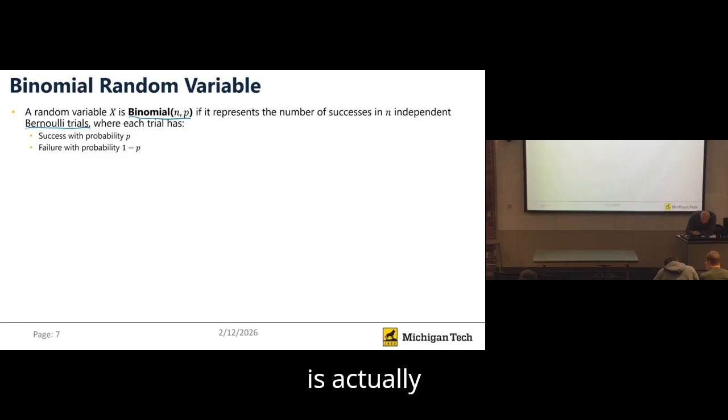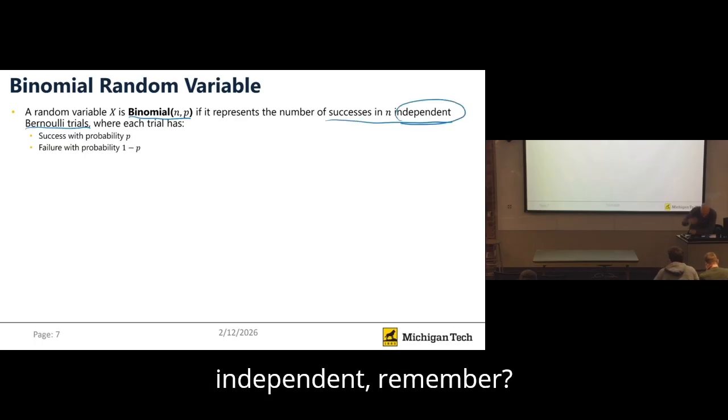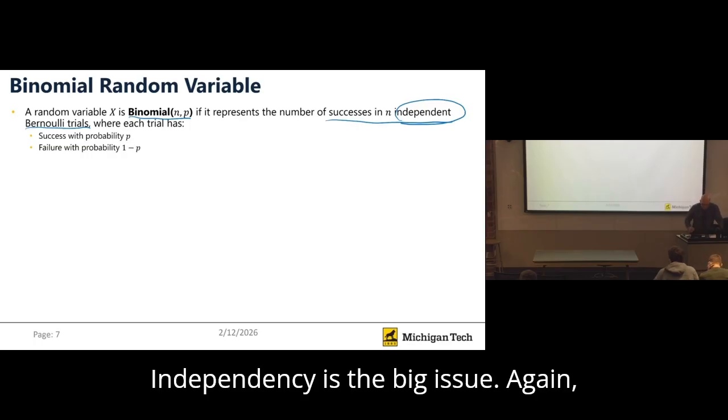Binomial is actually repeating a Bernoulli trial n times, but the trials are independent, remember? Independence is the big issue.